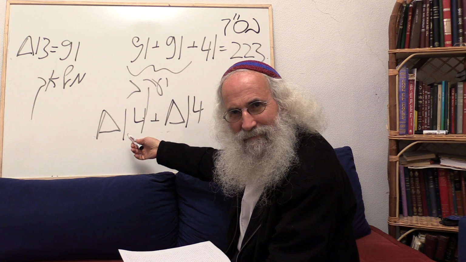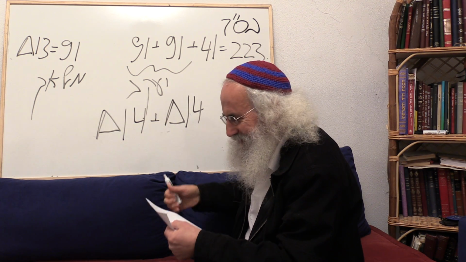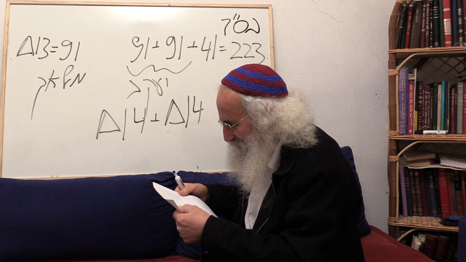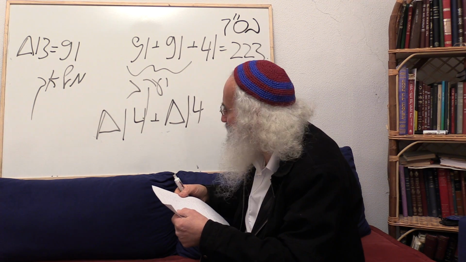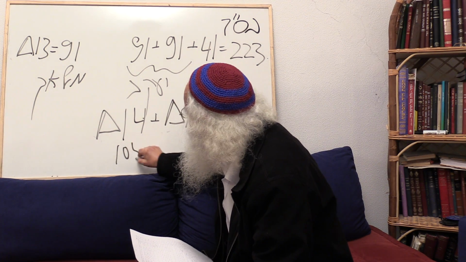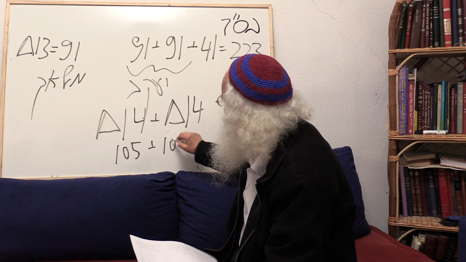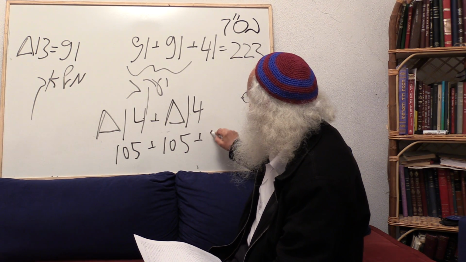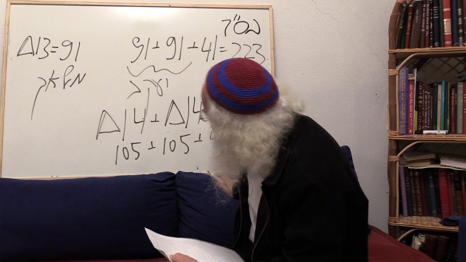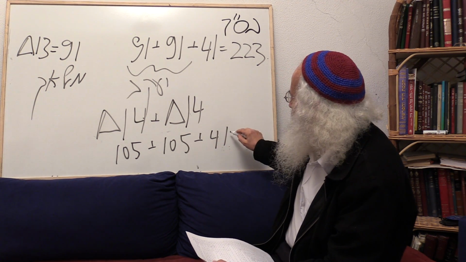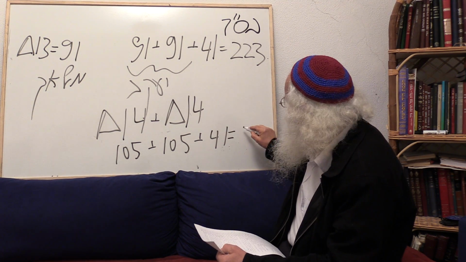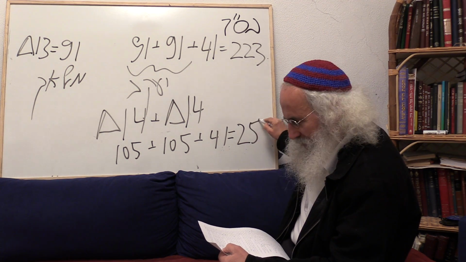What is 41? No, I'm sorry. Triangle of David is 105. 105 plus 41 equals 251.